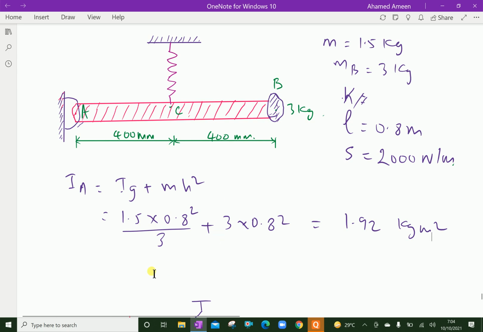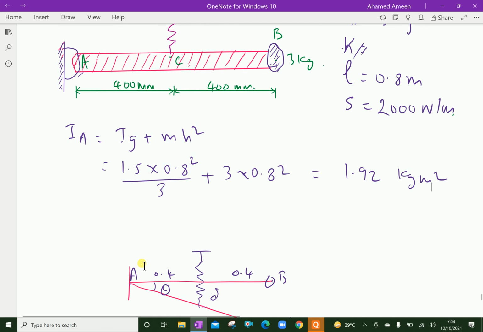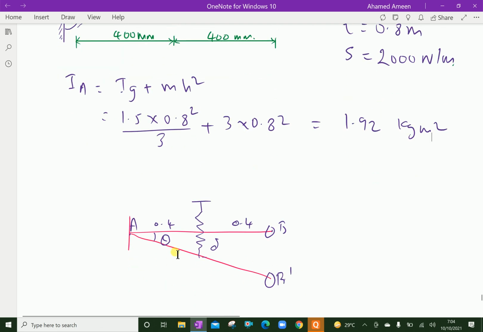Now look at the geometry of the figure here. The rod AB is given a small angular displacement as shown in the figure. Now it is oscillating against the stiffness of the spring.